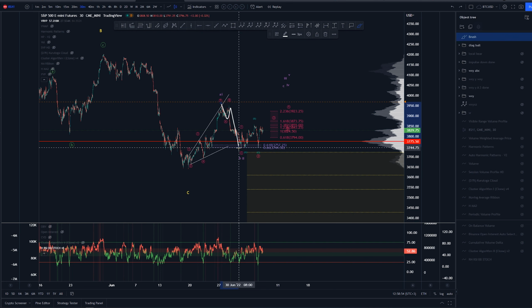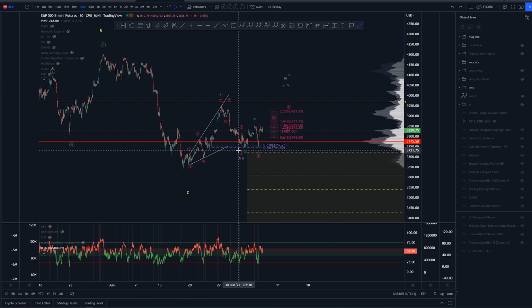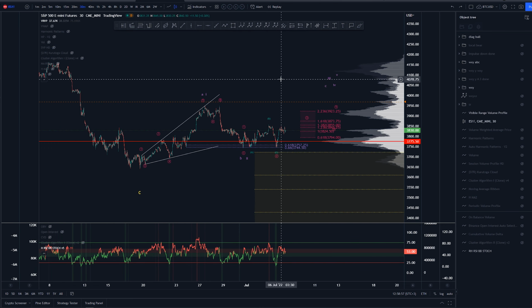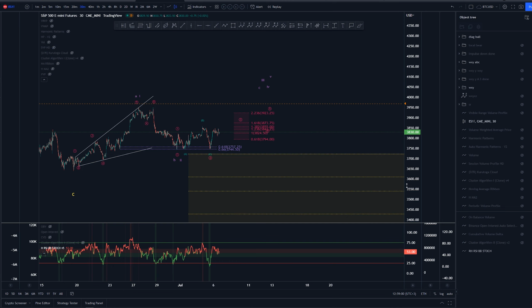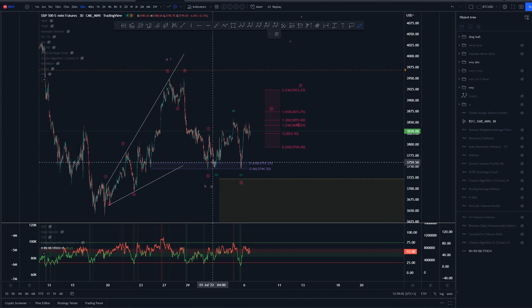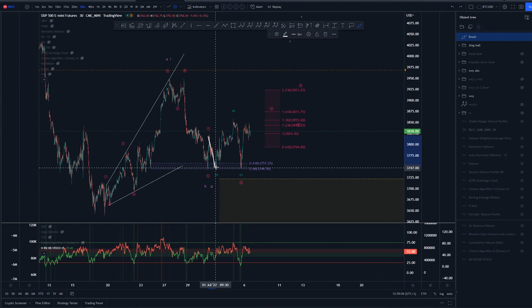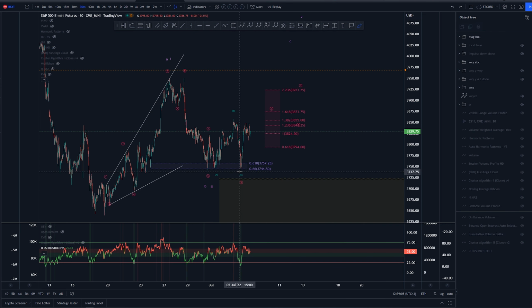Then ABC coming down here into wave 2 or wave B, and then again we could be looking at this as a 1, and then A, B and C into wave 2, and then we would be looking at this as possibly, more likely, a wave 1.